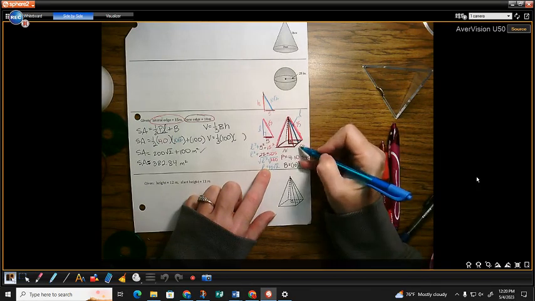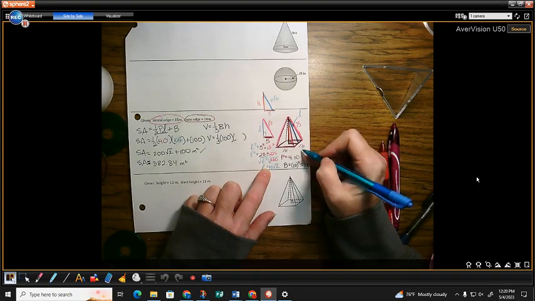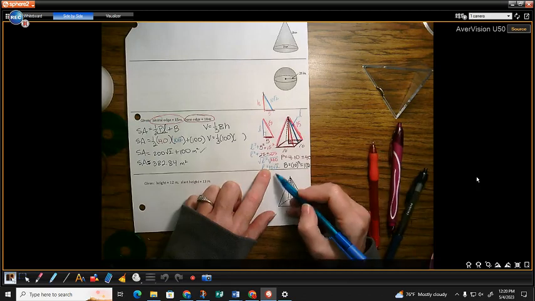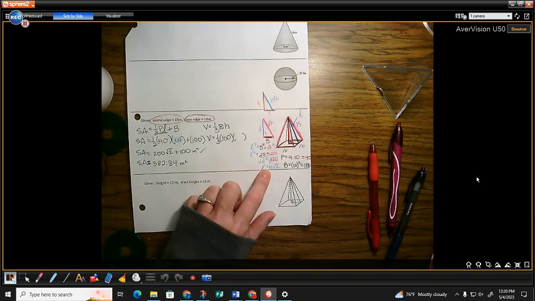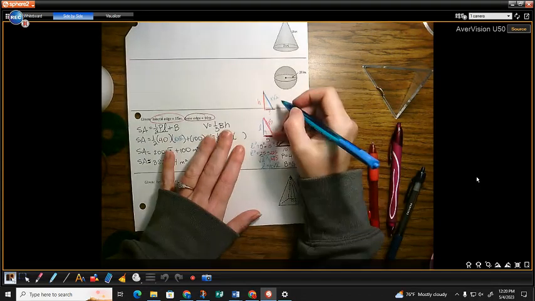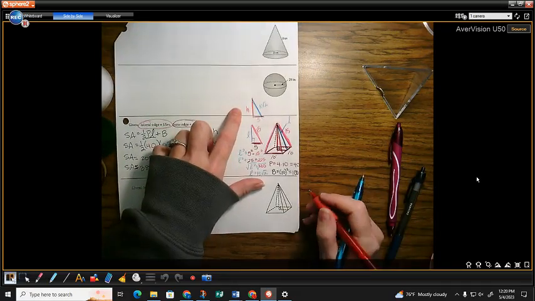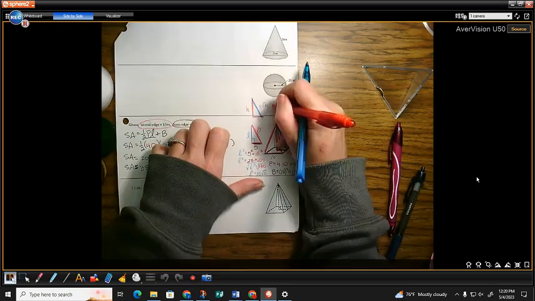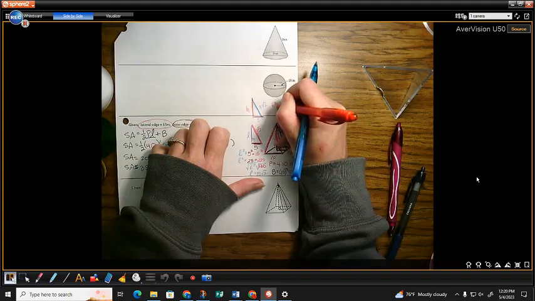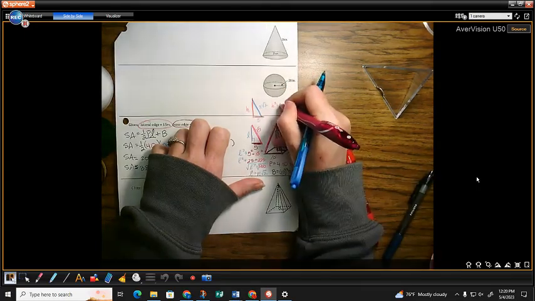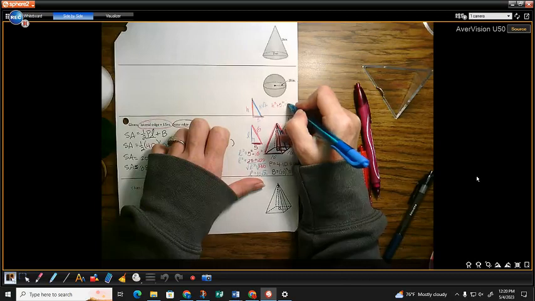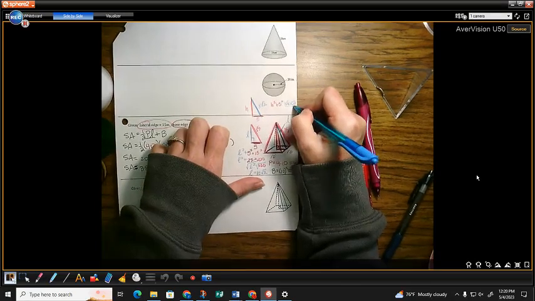That's why I'm color coding everything, so I can keep straight which thing went with which answer. So how am I going to find my height in this triangle? Special rights? Trig? Pythagorean theorem, because I've got two of them. So I could do h squared plus 5 squared equals 10 root 2 squared.